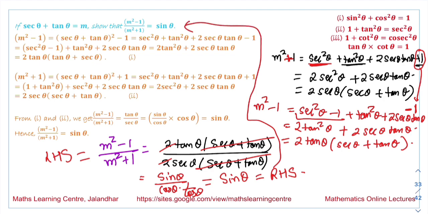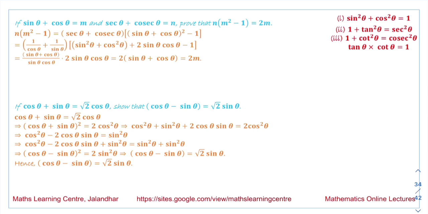Next is, if sin theta plus cos theta is equal to m and secant theta plus cosecant theta is equal to n, we have to prove that n into m square minus 1 is equal to 2 times m. So we are writing n into m square minus 1.